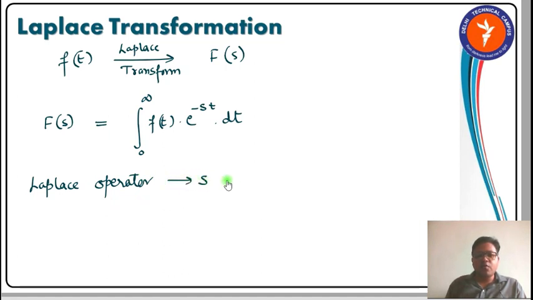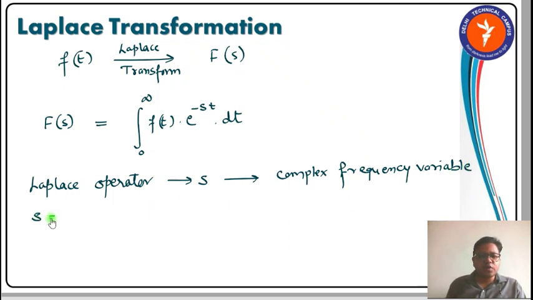And while doing the analysis of circuits, we consider this S to be a complex frequency variable, where S is equal to sigma plus j omega. As it is a complex quantity, it will have a real part as well as an imaginary part. So the real part is sigma and the imaginary part is omega. So this is the S operator in the Laplace transformation.